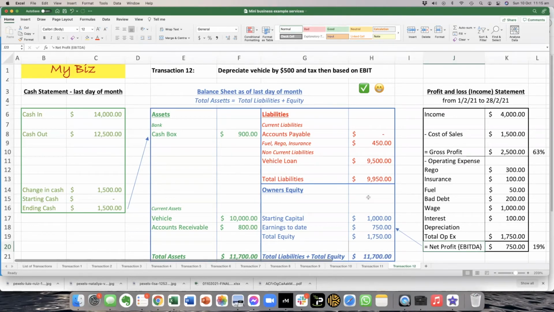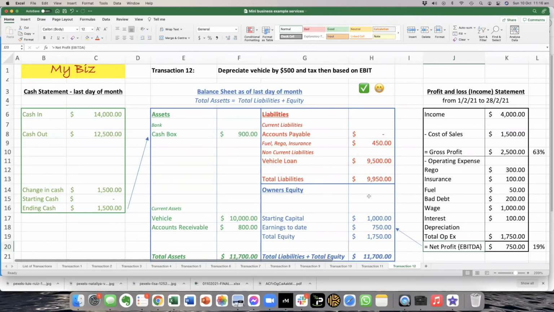Now, what happens with a vehicle or any major asset like that? We get two options when we buy it, and it depends on the laws in your country as to what you can do. In our instance, we capitalize the debt, which means we put it on the balance sheet and we choose to disperse the value of that asset little by little over each year.